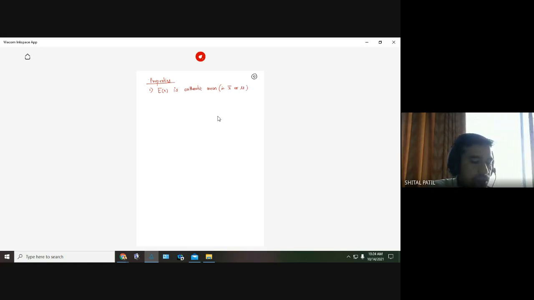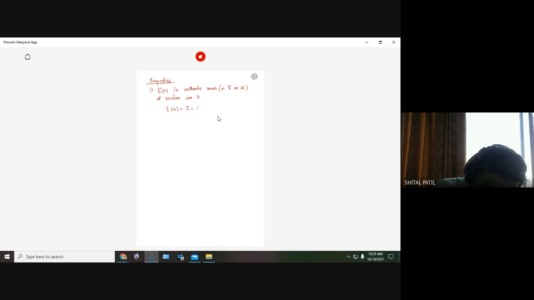Mu is also the notation for the arithmetic mean of the random variable x. So E of x equals x bar equals mu equals summation of xi p of xi. Okay, remember this.